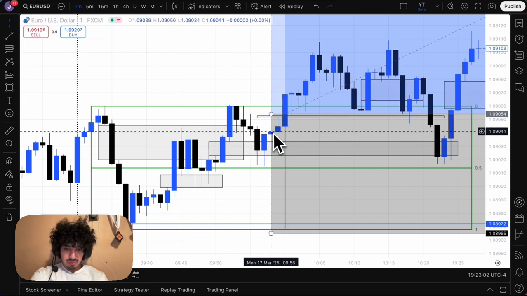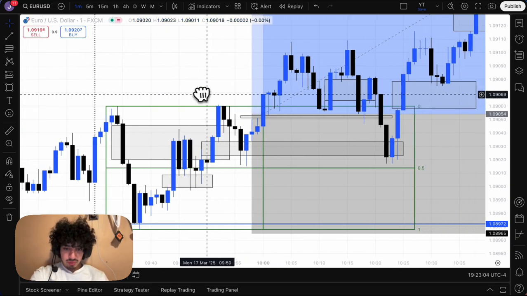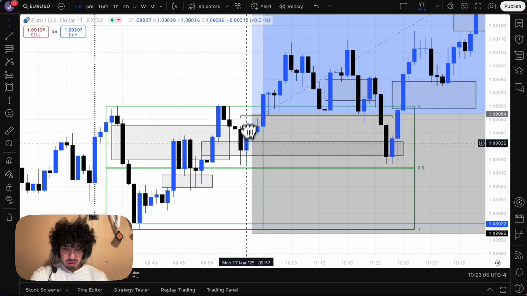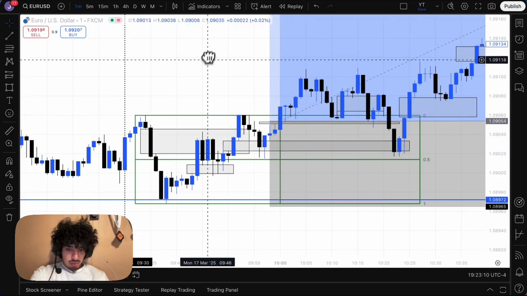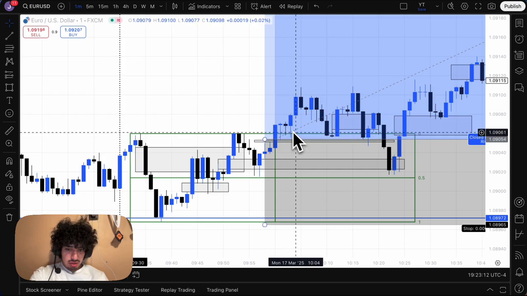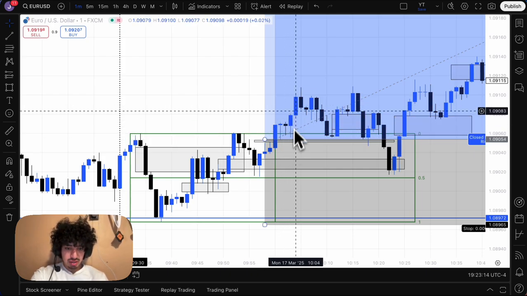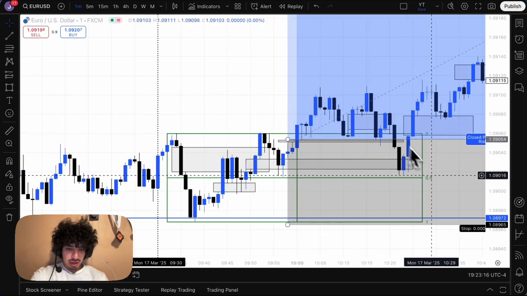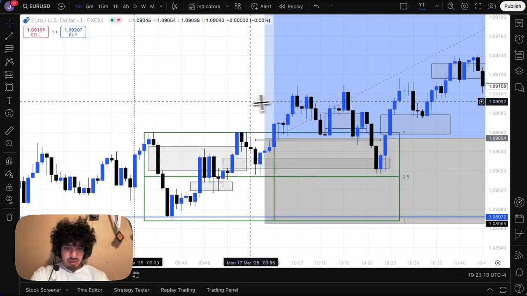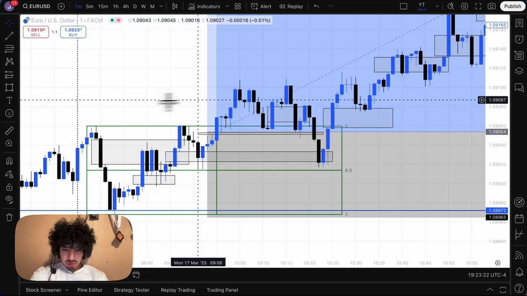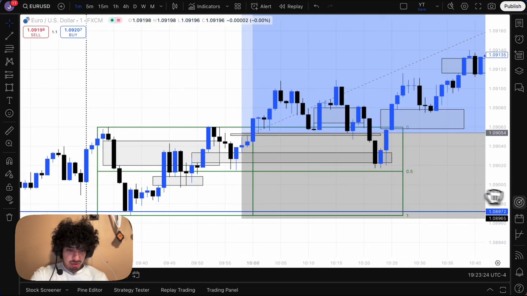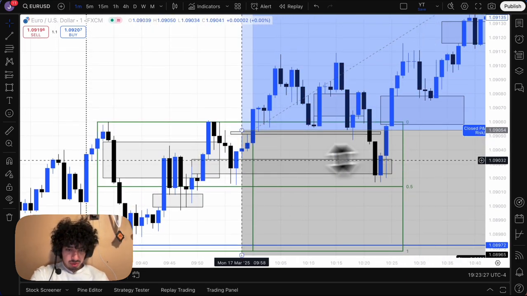So we enter the trade here, and then we got our break back out of the order block, and then boom, boom, boom, rejection to the downside. Good. We had a little retracement after into the order block, where I technically could have gotten a better entry, or maybe it would have been similar. Who knows?